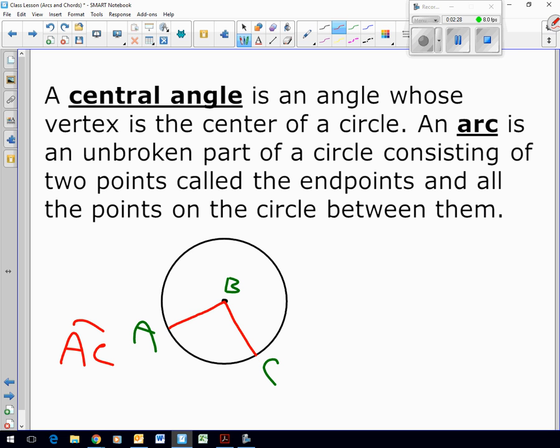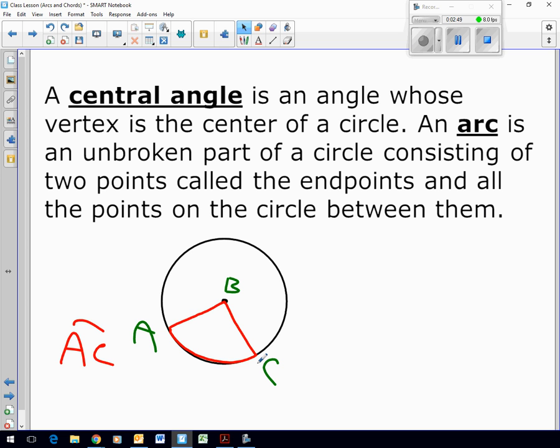It's simply the part of the circle that goes right there. If you want to think about it like a pizza, the crust of the pizza is the arc. All of you had pizza, right?